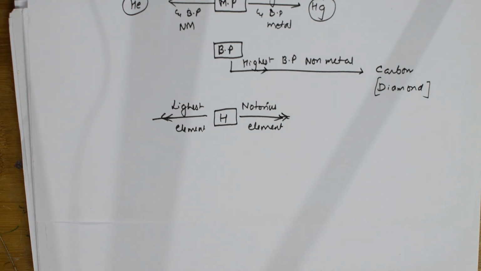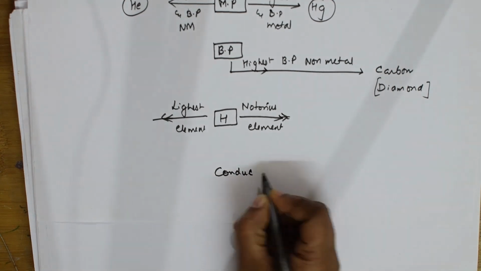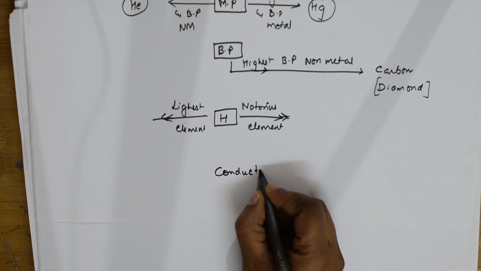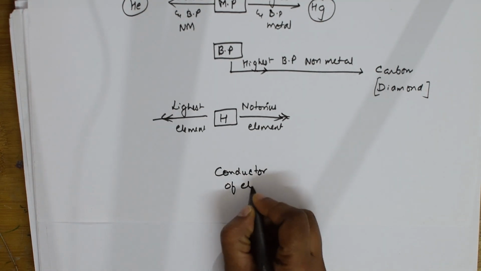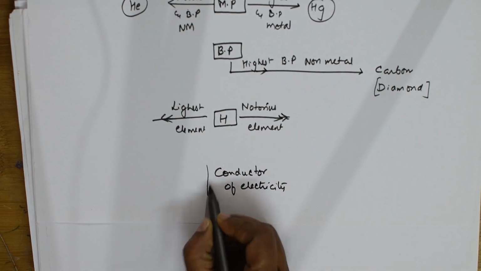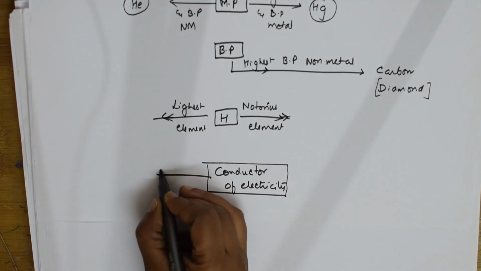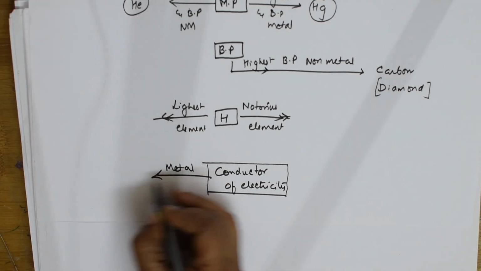Yes, students. Now when I speak about conductance, or conductor of electricity, which conducts electricity, which allows the electrons to flow, I take both sides. The metal which is a conductor of electricity is silver.